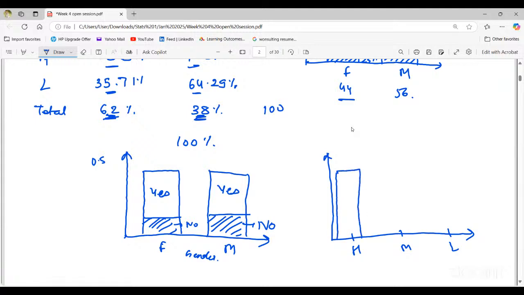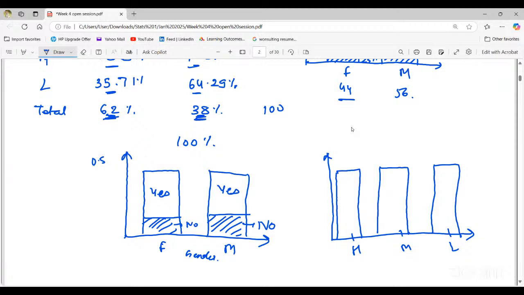So the bars would be the same overall. Now I'm making two segments here. In the last graph, yes, it's a 100% stack bar chart.